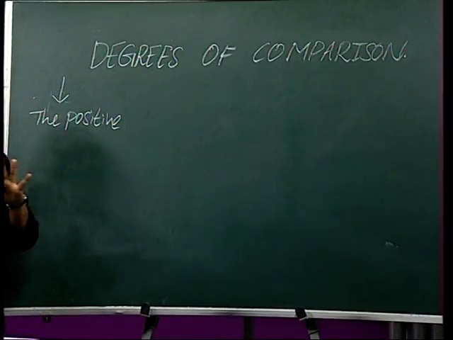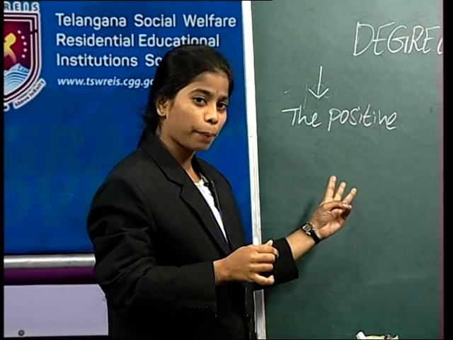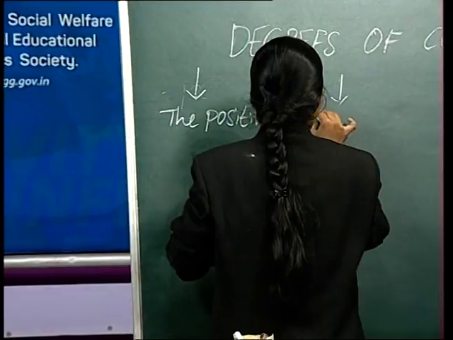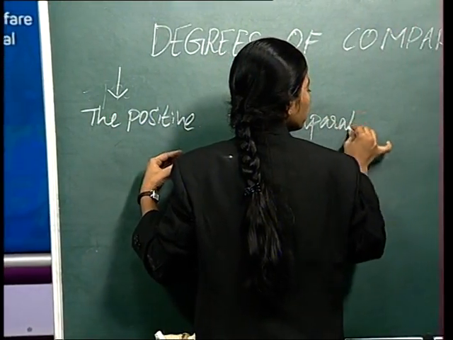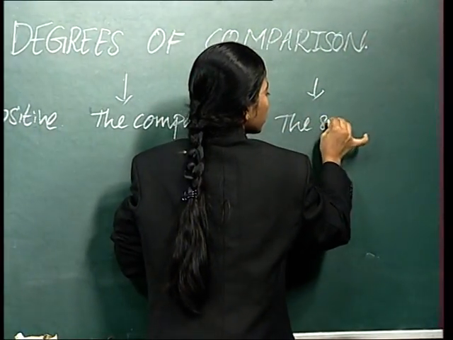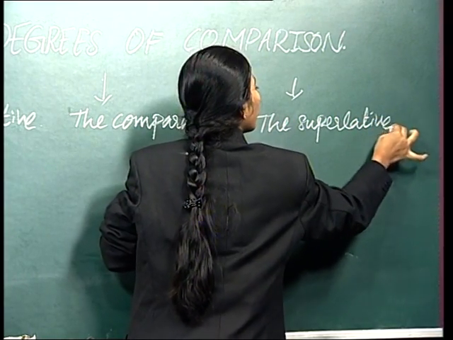What we have discussed, friends, is that degrees of comparison is divided into 3 main parts. They are the positive, the comparative and the superlative.